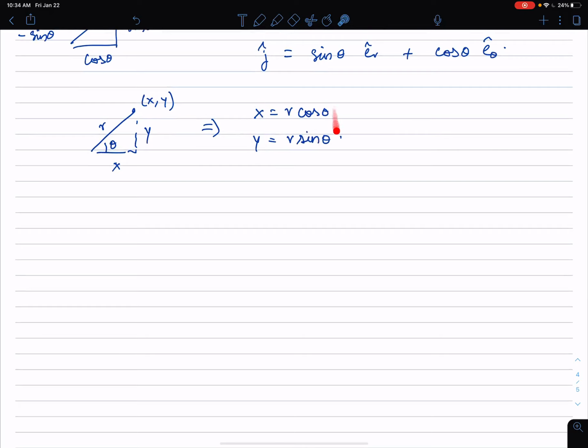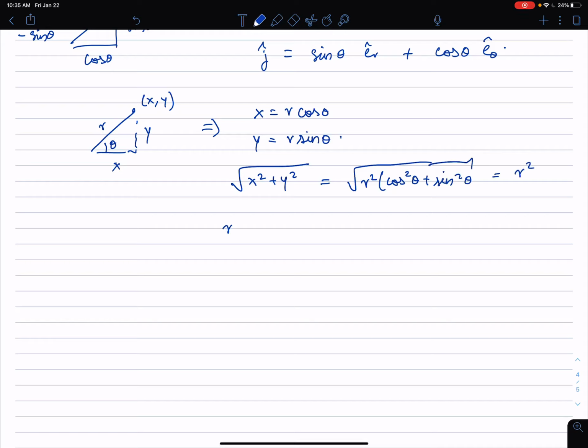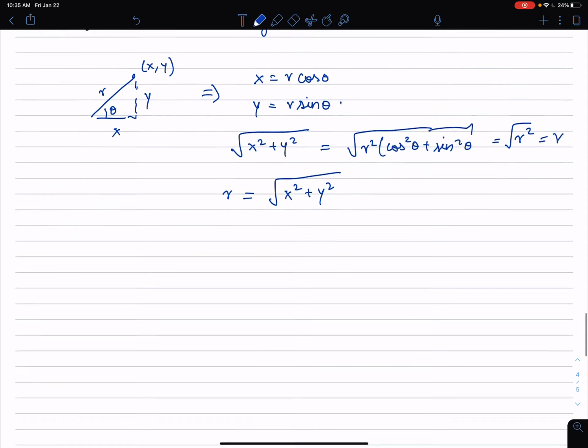x comma y to r, theta, you can do the following. You can do square root of x squared plus y squared. So if you do that, of course, that's square root of r squared times cosine squared theta plus sine squared theta, which equals r squared. So r is basically square root of r squared, which is r. So r is, of course, square root of x squared plus y squared, which is also just Pythagoras' theorem.